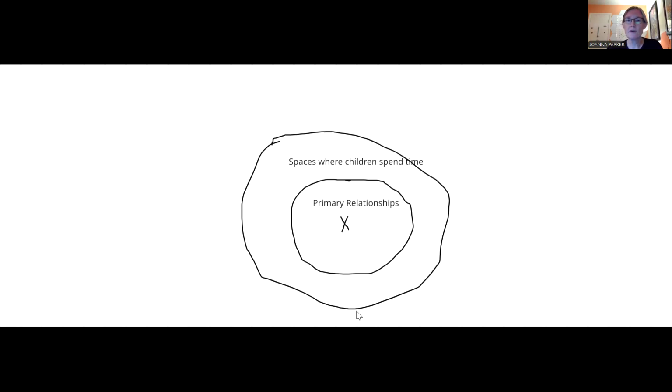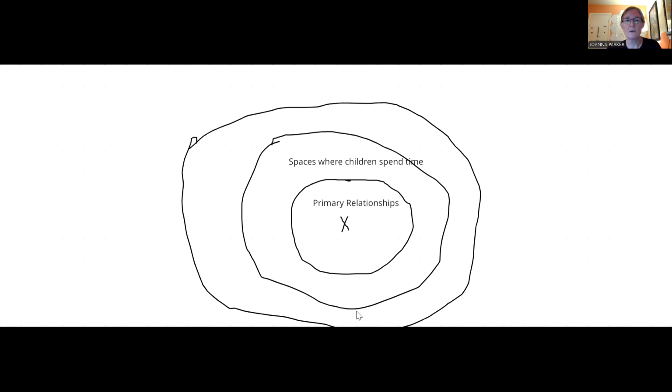In our next circle, we're thinking about the supports that are in place for the child and the family, right? And so sometimes we talk about this in terms of systems. So for example, the education system, which we are a part of, right? The family might also be thinking about employment and the job market. So is the family employed? The family might be receiving supports through social services.